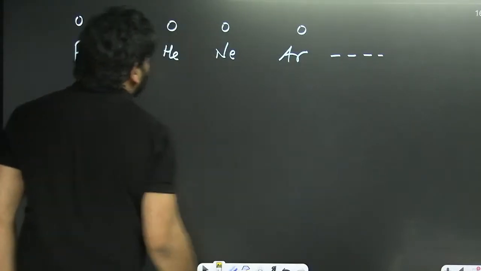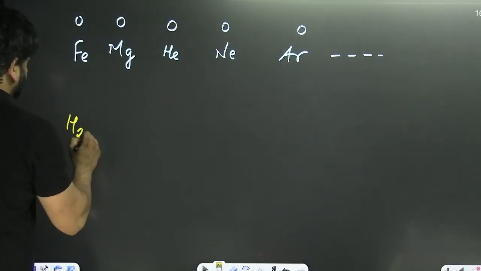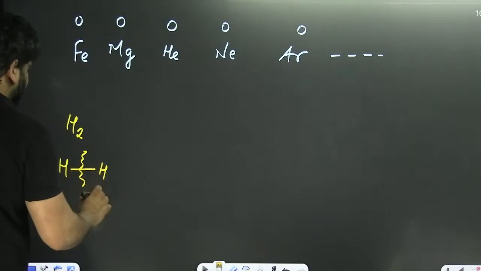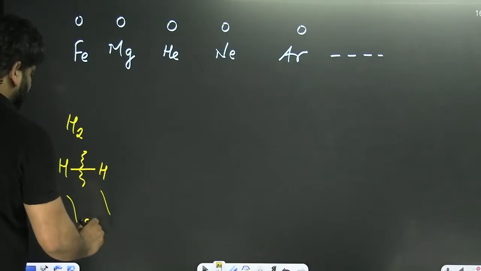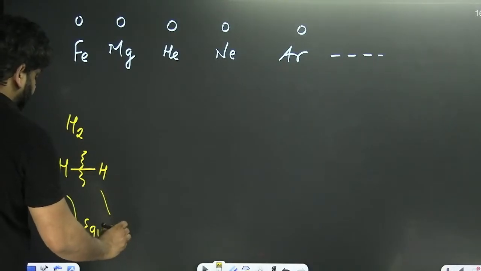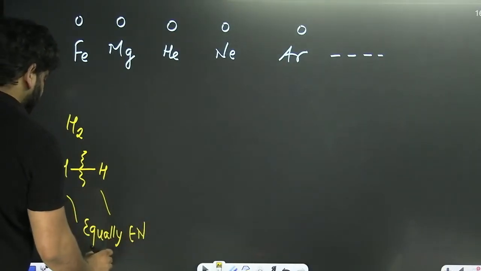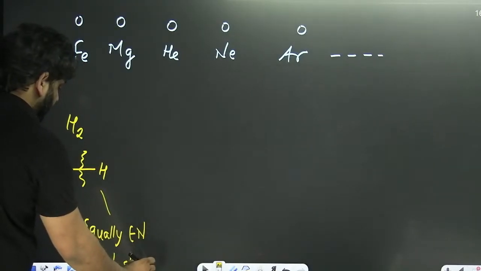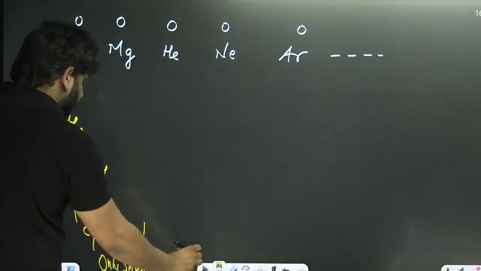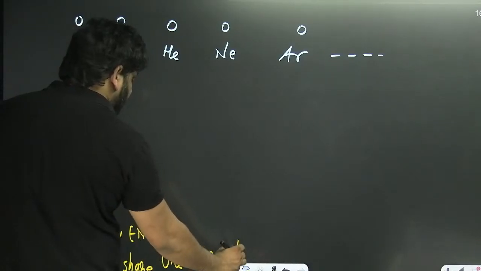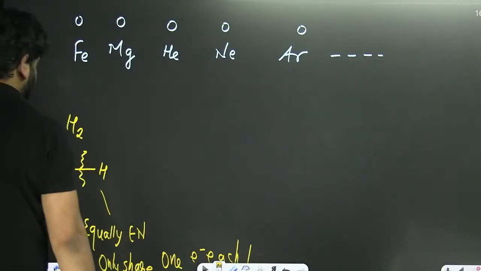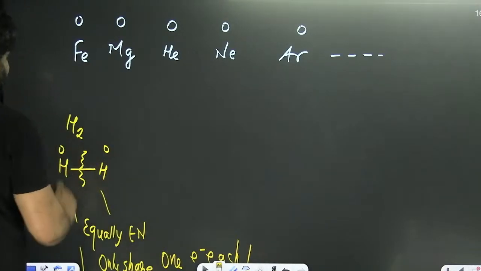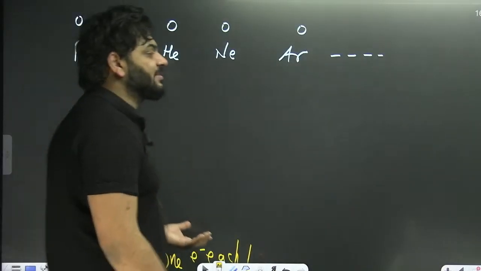Now if we are taking H2, try to observe this structure H2. If you break it, both of them are equally electronegative. They only share 1 electron each. They do not distribute in such a way. That's why the oxidation state becomes what? 0, 0. None of them is giving the electron, none of them is taking the electron.